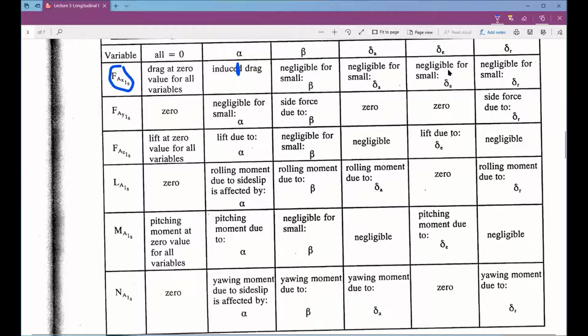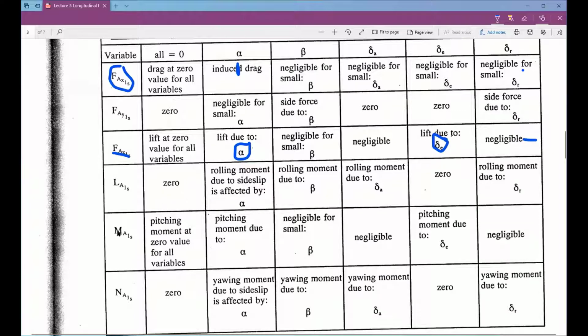Elevator, we're going to add a term in for this, but it's possible you could say that even an elevator deflection doesn't change the drag a lot, and the rudder doesn't. The same for the Z force here. You're going to get lift due to alpha, but not beta. Not ailerons, but you will get some due to elevator, but not rudder.